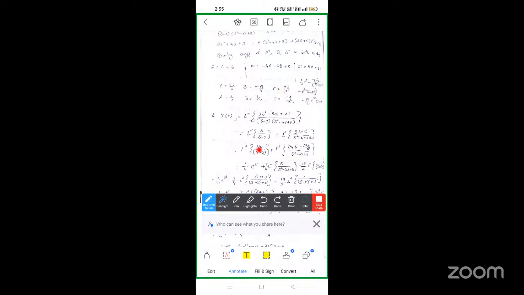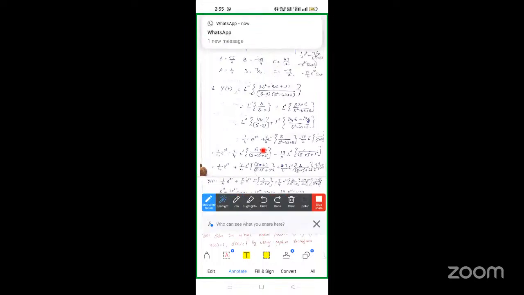These A, B, C are constants, so using the linearity condition we can write them outside of the L inverse: 1 by 4 times L inverse of 1 by s minus 2, which is e power 2t, plus 7 by 4.